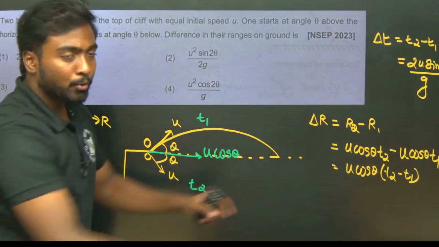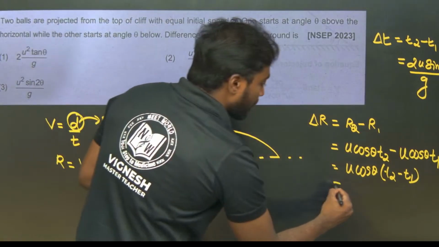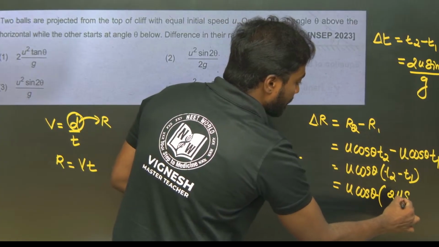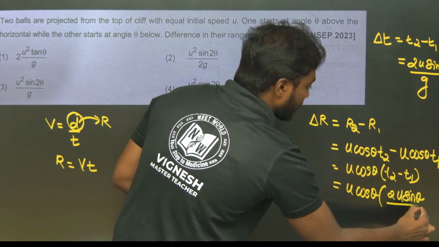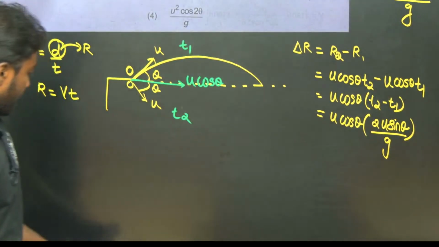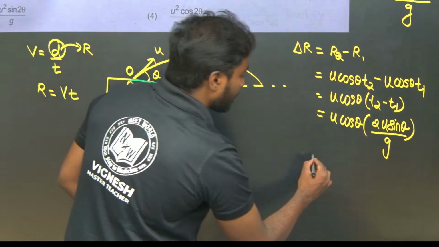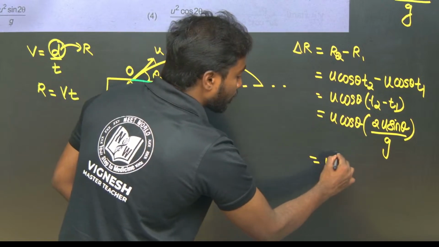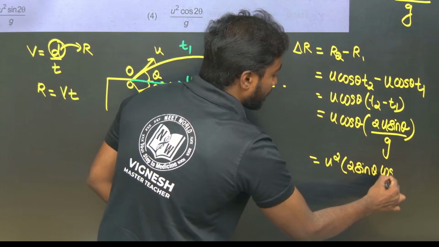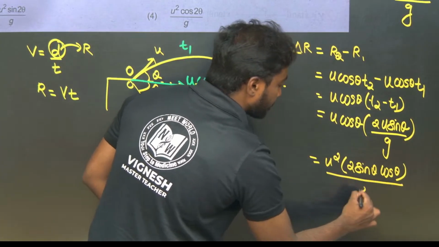Now substitute that value here. So u cos theta into 2u sin theta by g. If I write like this, u square into 2 sin theta cos theta by g.